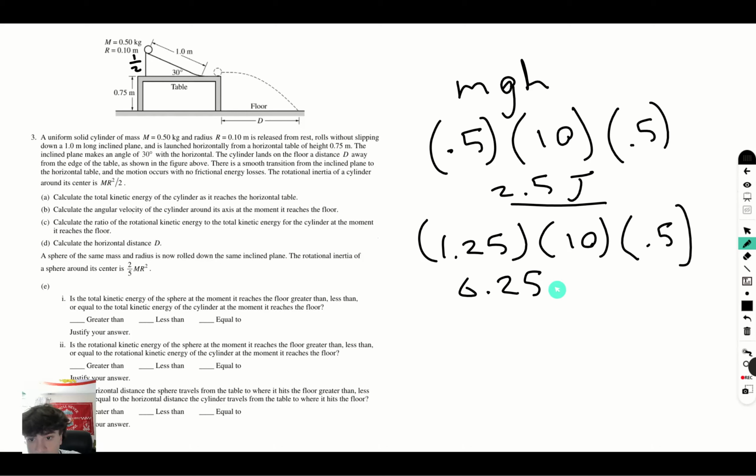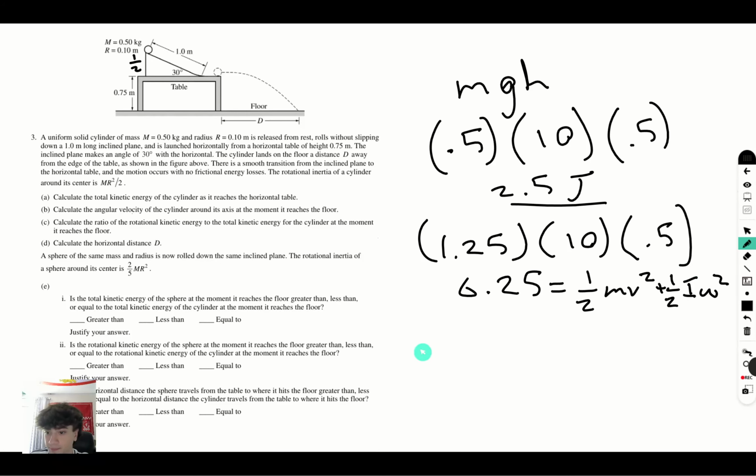Alright, so 6.25, that's going to be equal to our kinetic energies, which is 1/2 mv squared plus 1/2 I omega squared. And from here, we're supposed to find the omega. Let me just plug in my computer really quickly so it doesn't run out of battery. Alright, all good.